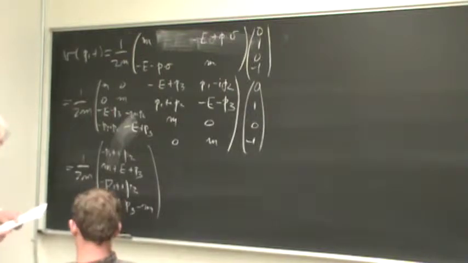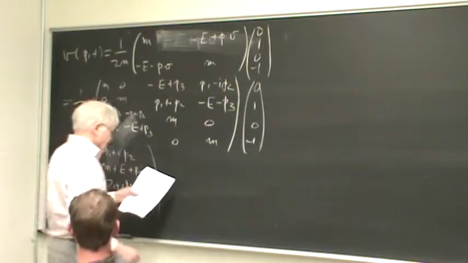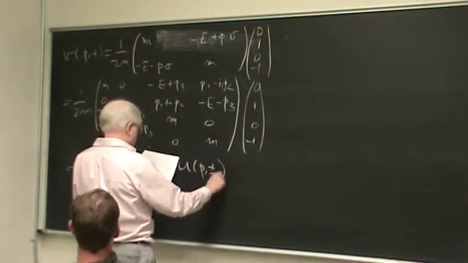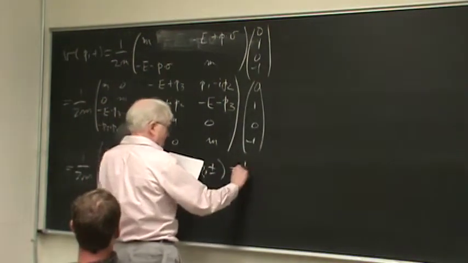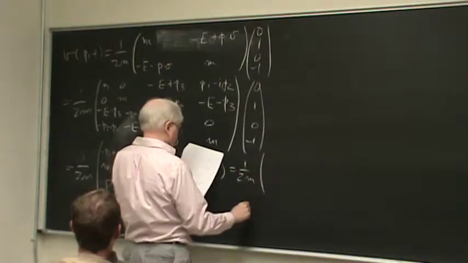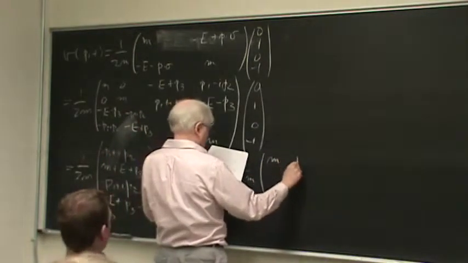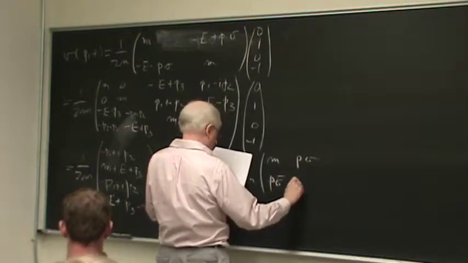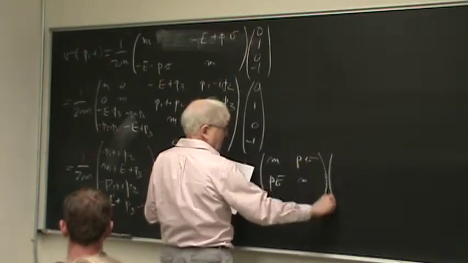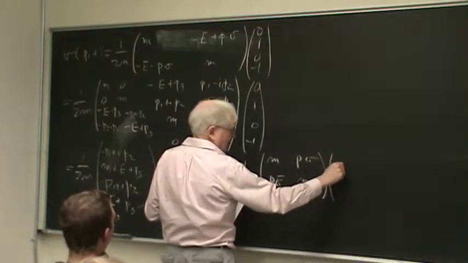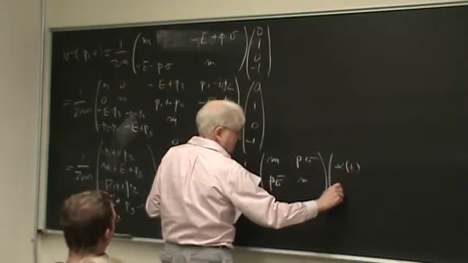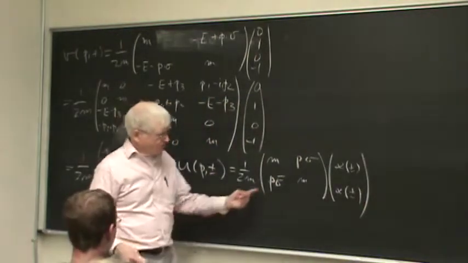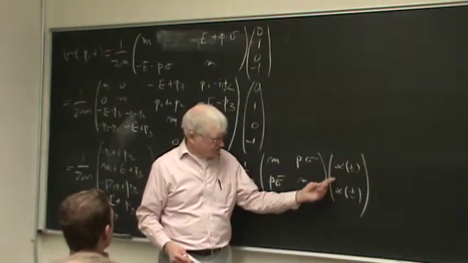But the nice formulas are, just to remind ourselves what they look like, u of p plus or minus is 1 over 2m, this is, I think, the most useful formula, m, p sigma, p sigma bar, m, and then alpha plus or minus. So you just switch either 1, 0 or 0, 1.